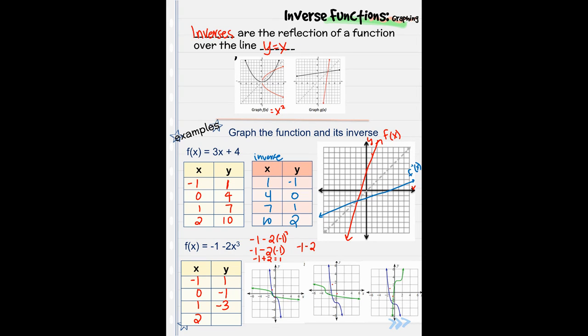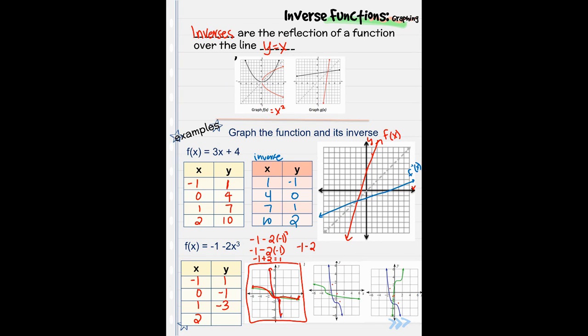And then 1, -3 is in the middle of that square somewhere. Okay, so it looks like this one shows our original graph. None of the others show our original graph, so this one must be the inverse. So this graph would be our answer.